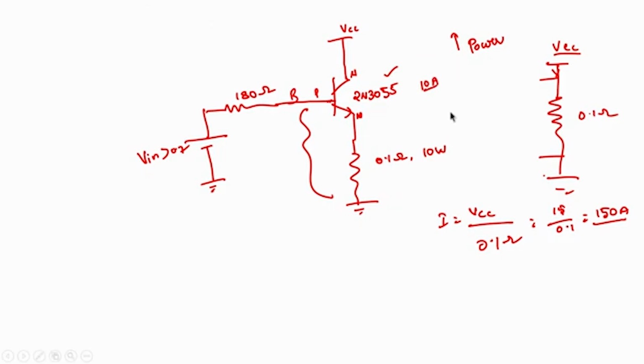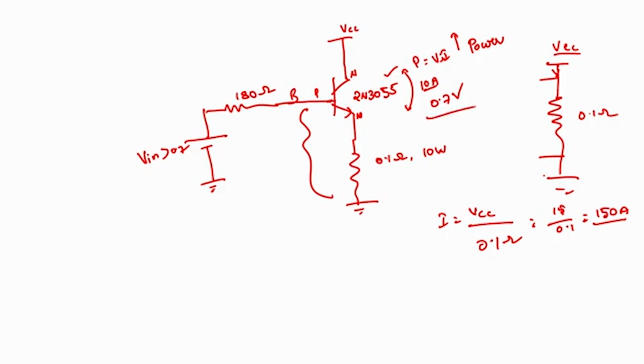But how exactly is it heating? The reason why it is heating is power, which depends on the voltage drop across the transistor and the current flow. Since it is in a saturation mode, and we already know that when the transistor is in a switch mode, the voltage drop across collector and emitter is about 0.7 volts, which you can also refer to in the data sheet.